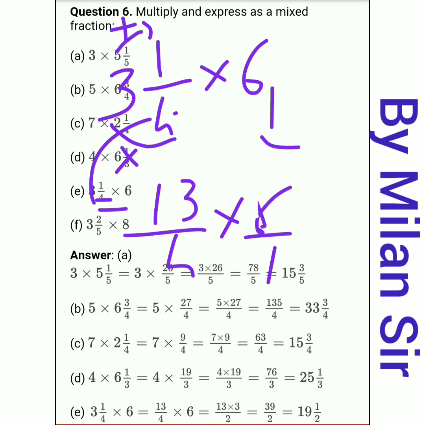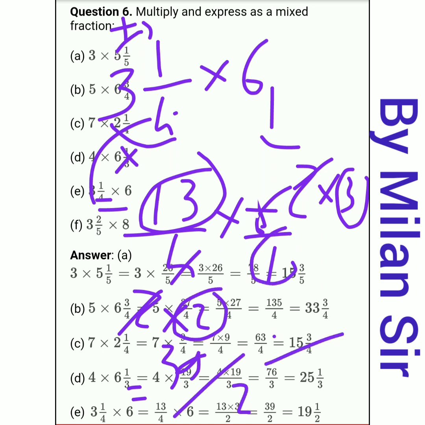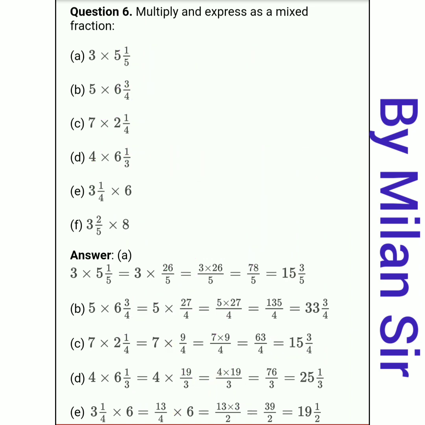Okay, now we need to check whether anything is cut or not. Here 2 2s are 4, 2 3s are 6, 2 2 cut. So finally we have 13 and 3 in the numerator. So 13 3s are 39, divided by 2 ones are 2. So our answer is 39 by 2, right? 39 by 2.